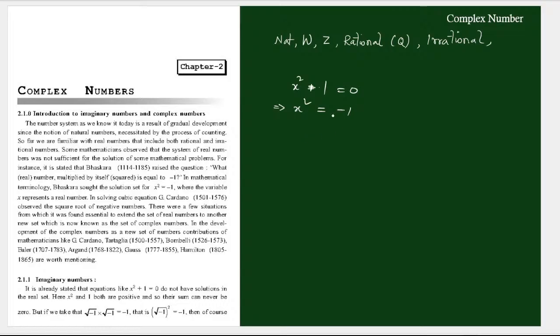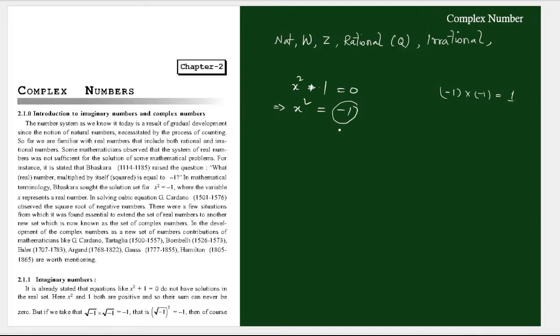But see, the square of no number gives minus 1. Even if you do the square of a negative number, minus 1 into minus 1, it gives us positive 1. But we don't get negative 1.